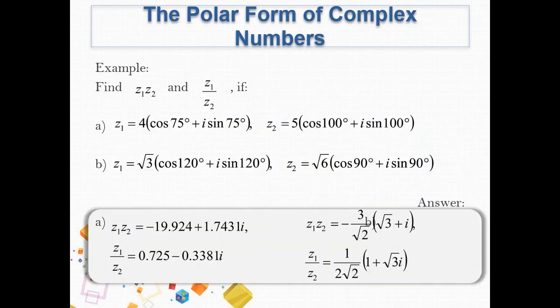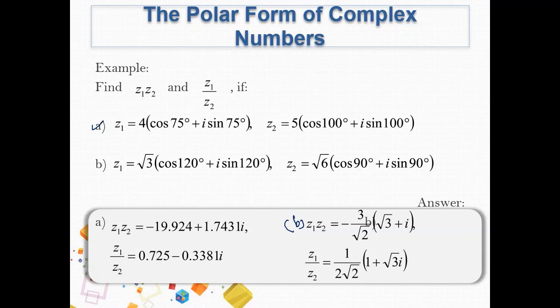Okay, let us do one example for this. Let us do A. First we do the multiplication.